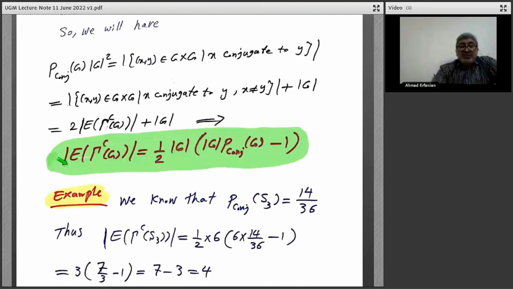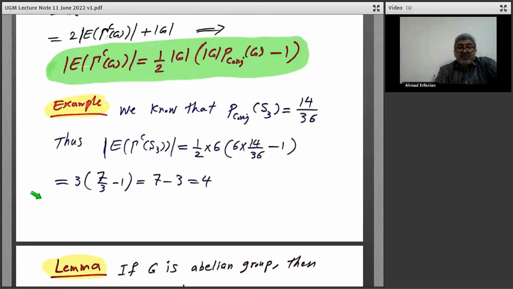Now we can find the relation between the number of edges of the conjugate graph in terms of the conjugate degree. So the number of edges is half of the order of G times the order of G times the conjugate degree minus 1.